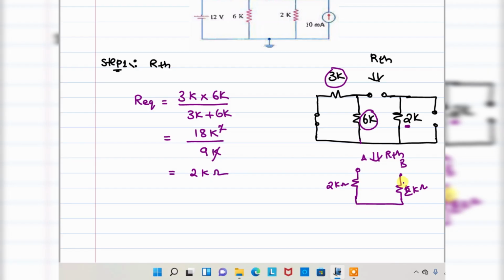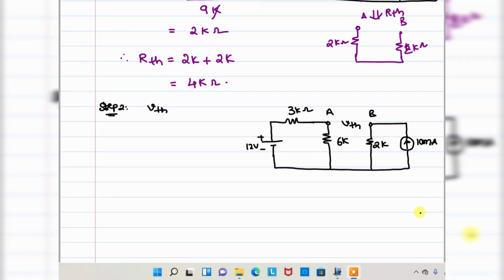These two are connected in series. Therefore, RTH is equal to 2k plus 2k, which is equivalent to 4 kilo ohms. So 4 kilo ohms is the RTH value. Then we are going to find the remaining.